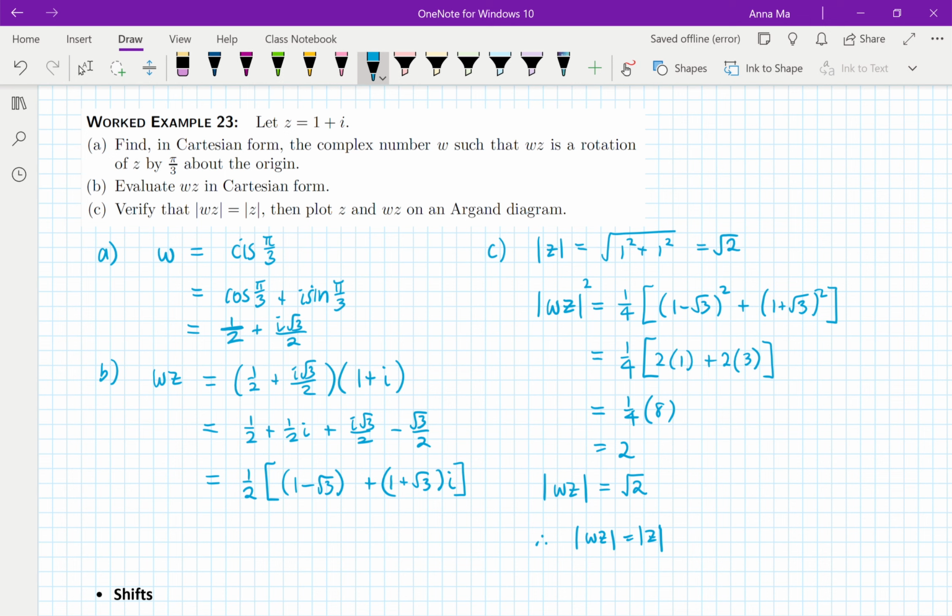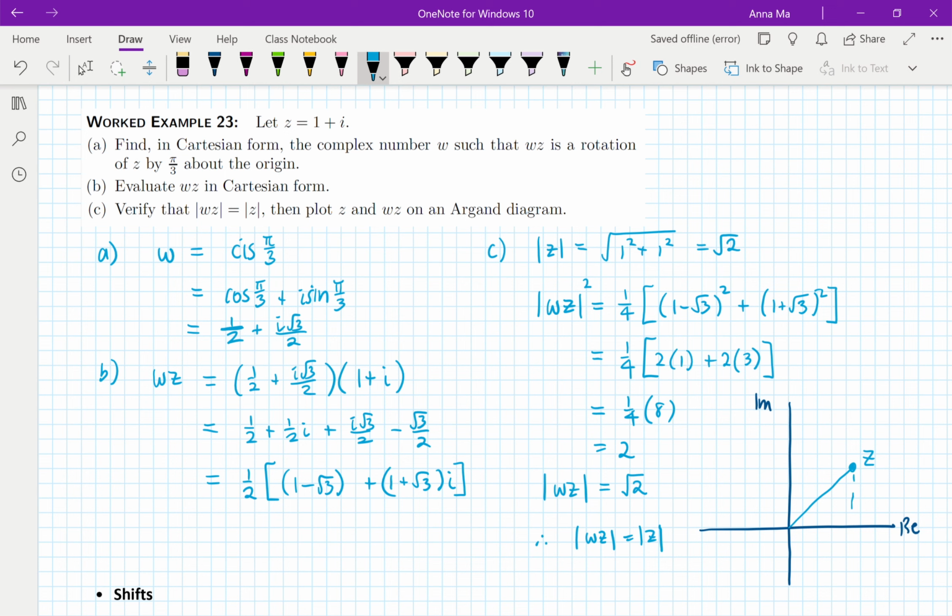And to plot them on an Argand diagram, I'll try and fit it in the small space. I probably don't need the bottom half, I'll just make it low. Okay, z first, 1 plus i. So it must be 45 degrees that way. And then for wz, it would have to be a rotation of pi on 3.